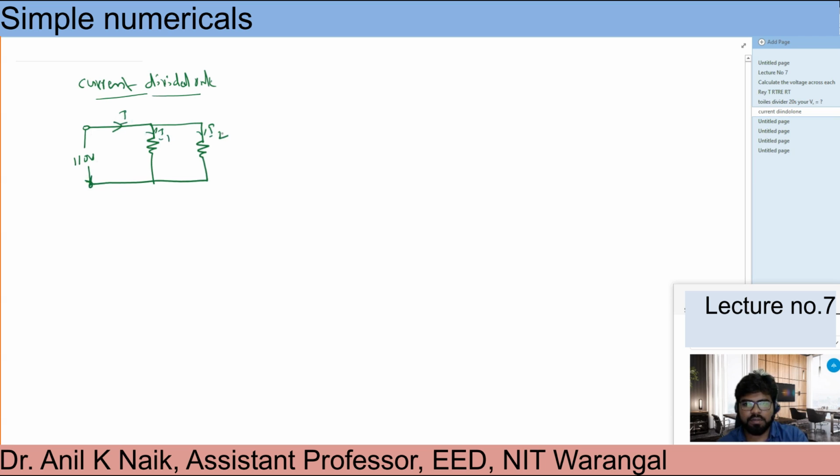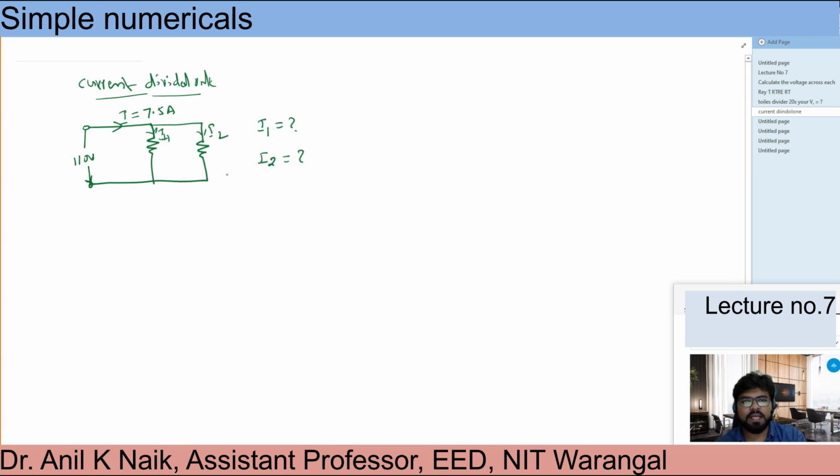They have given the total current as 7.5 amperes. I need to find V1, I1 and I2.